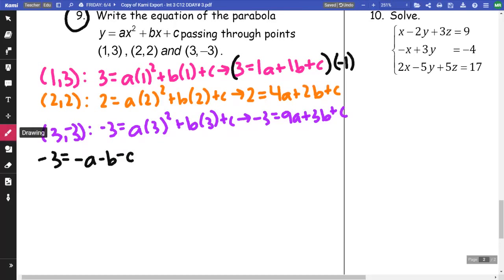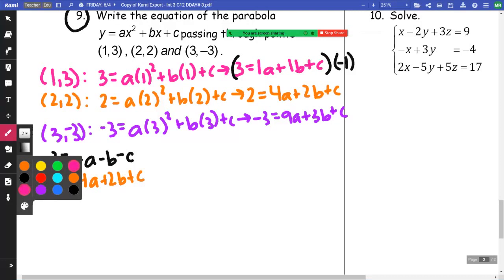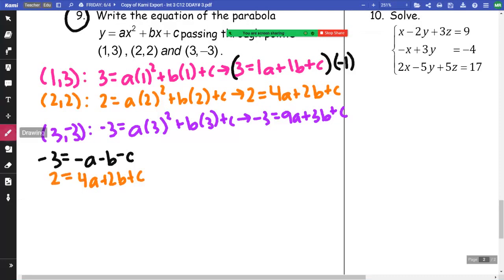So that is going to be 2 is equal to 4a plus 2b plus c. And adding these together, I get -1 is equal to 3a plus b.